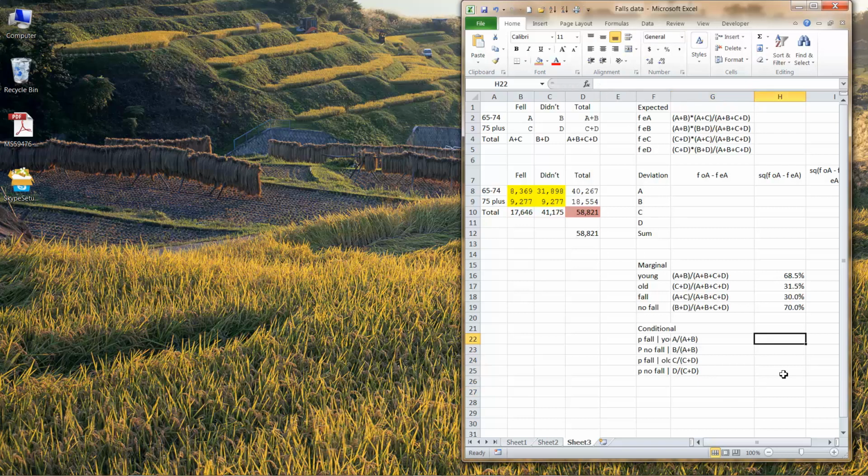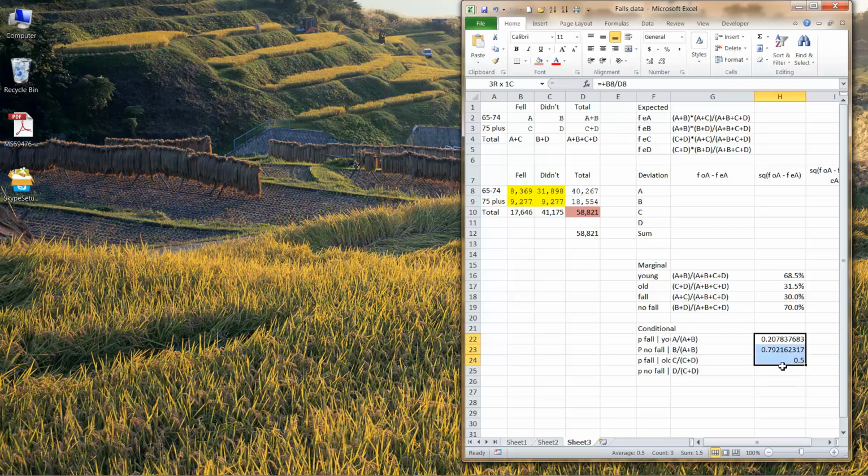Okay, let's calculate our conditional probabilities. So we have A divided by A plus B. We have no fall divided by total young, so B divided by A plus B. We have the probability of a fall given old.